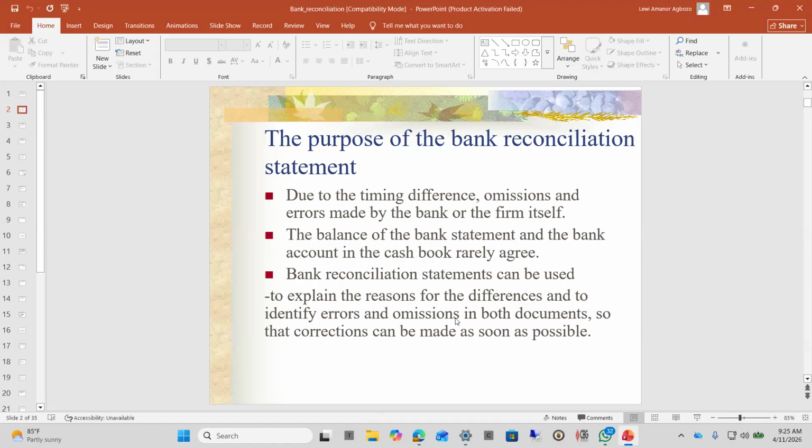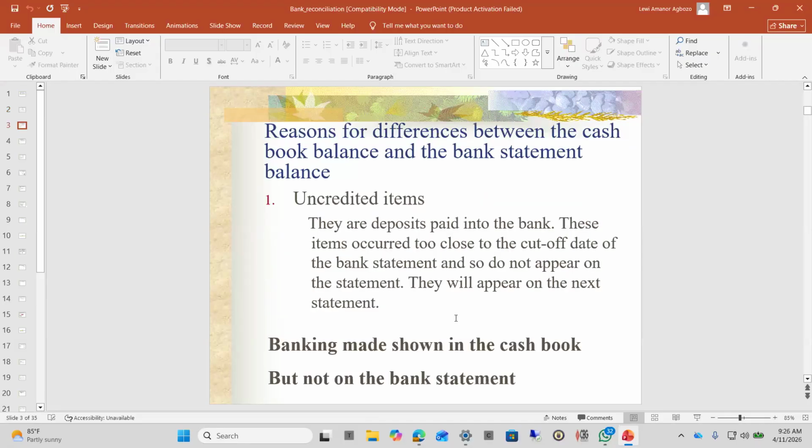So the bank reconciliation statement can be used to explain the reason for the differences and to identify the errors and omissions in both the bank statement and the cash book, so that they are corrected as soon as possible, usually at the end of the month. Because at the end of the month, you go for your bank statement and you are also closing your cash book. And so at the end of the month, you are able to reconcile these two statements to be in agreement.